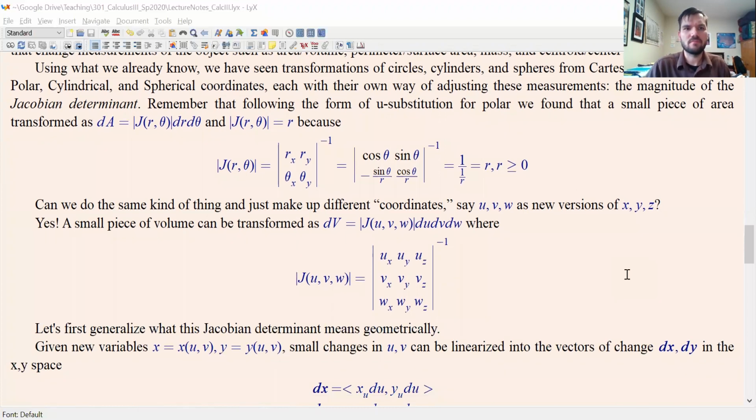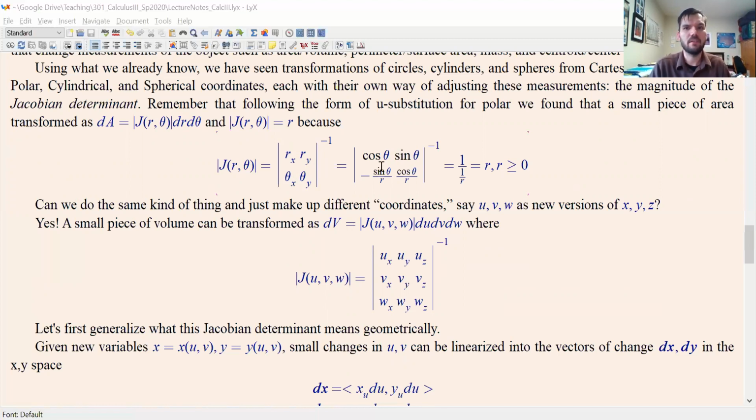So let's remember what we did with the Jacobian back in polar coordinates. We computed the conversion factor. This is way back in the section on chain rule. And then we formed this inverse of determinants of these partials, just like how we can form the inverse of the derivative du dx in the chain rule.